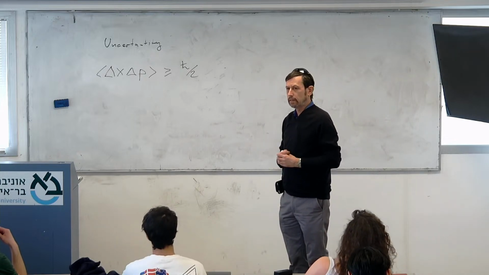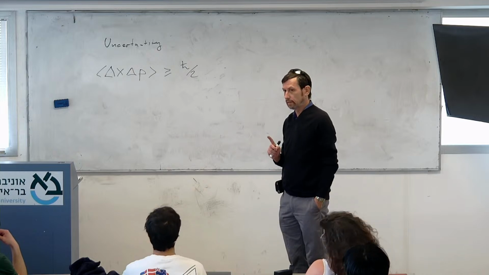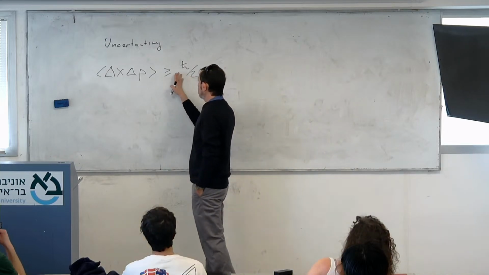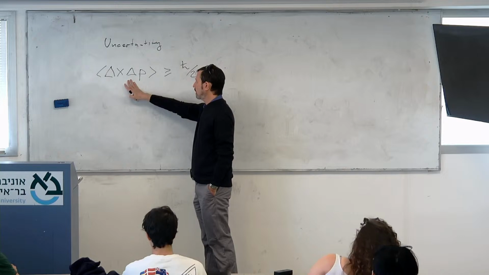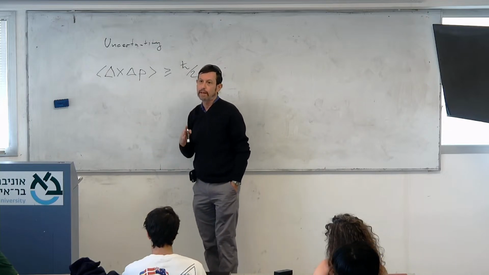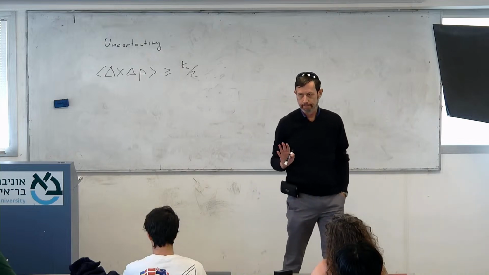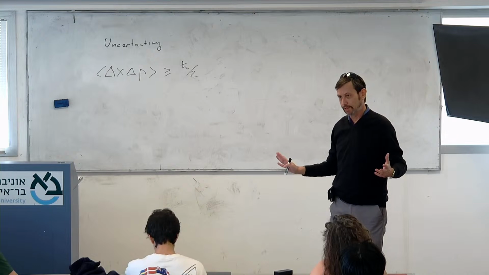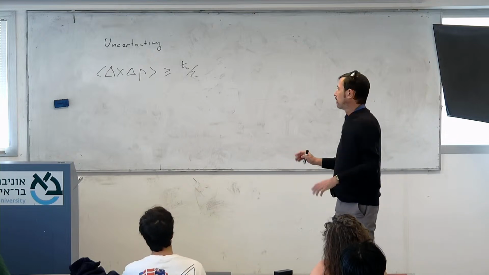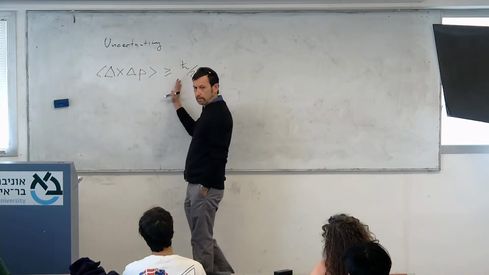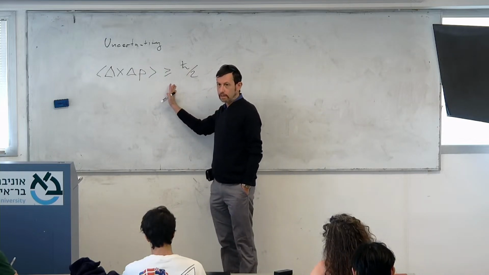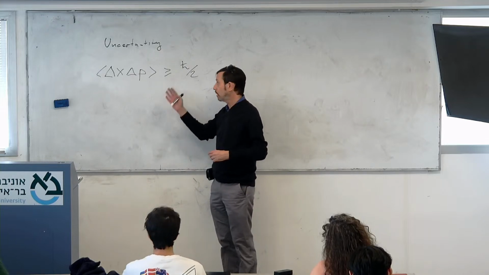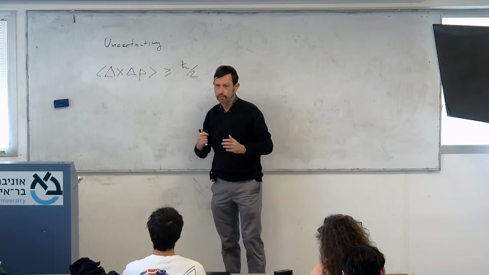It tells us that for a particular wave function, the smallest result of delta x times delta t has to be at least h bar over 2. For a particular wave function, it could be much lower. So we'll prove this statement and then see how to construct the minimal wave function for which it's equal h bar over 2.